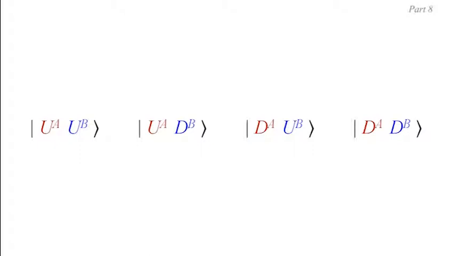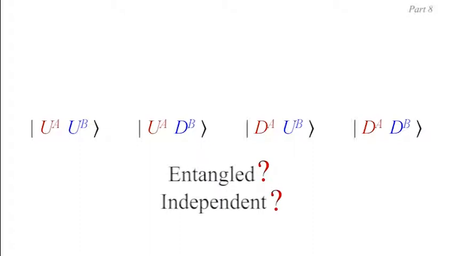I should also say that at this stage I'm not concerned whether these two electrons, A and B, are entangled or not. They could be entirely independent of one another and totally unaware of one another's presence, or they could have interacted in some way with one another in the past, and their spins may have some relationship to one another.